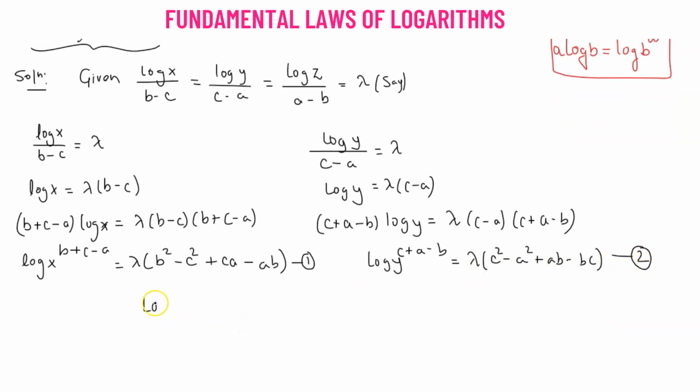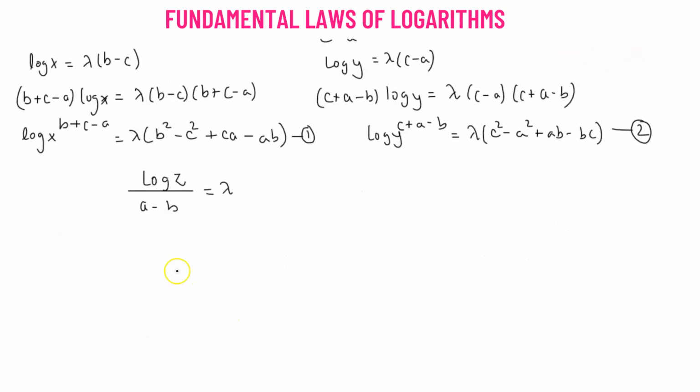Then we'll take log of z divided by a minus b, and this will equal lambda, such that we have log of z equals lambda times a minus b, and we'll multiply both sides with a plus b minus c.